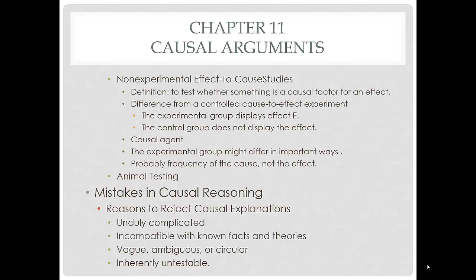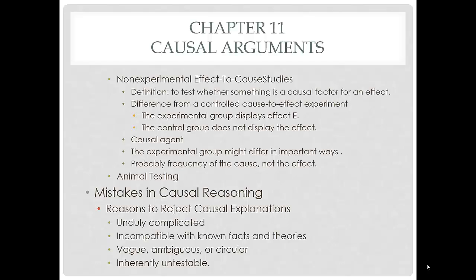If we conduct an experiment on an animal in order to determine what it would probably do to a human, we're engaged in two levels of induction. The first is, of course, engaging in the controlled cause-to-effect experiment, which is inductive, which means that even if you do everything correctly and properly, the conclusion could still be mistaken.